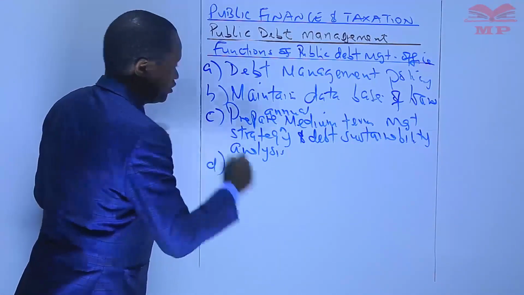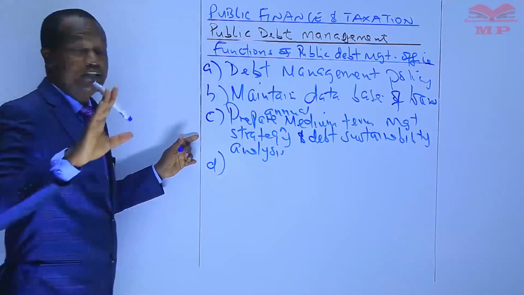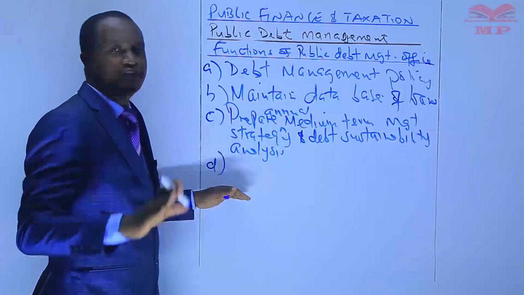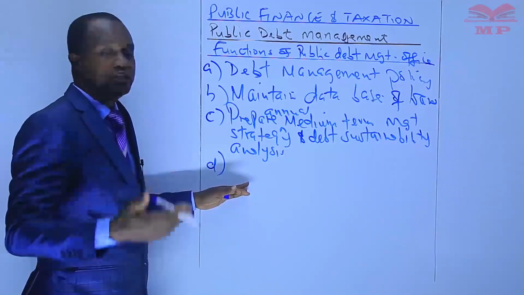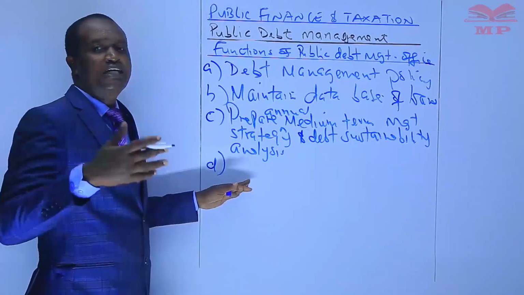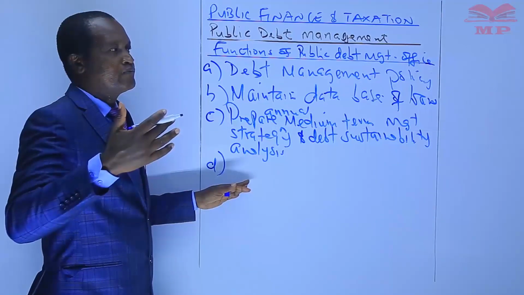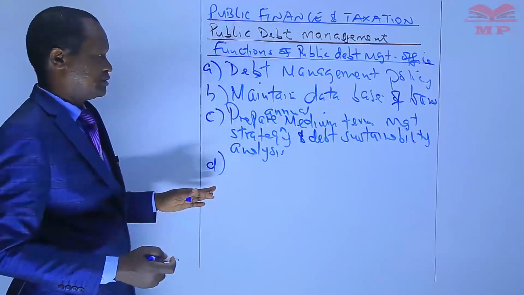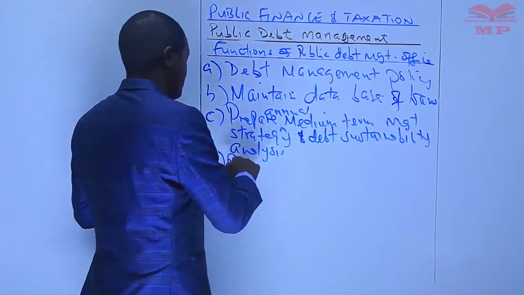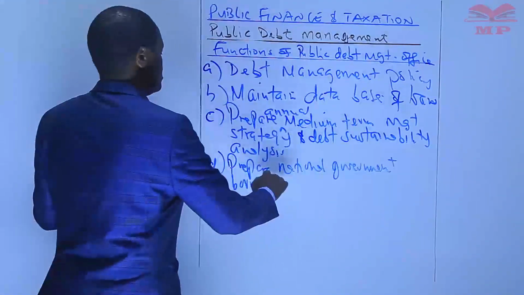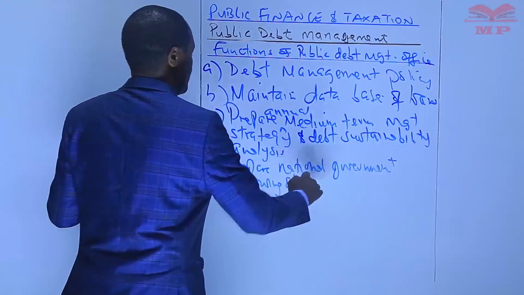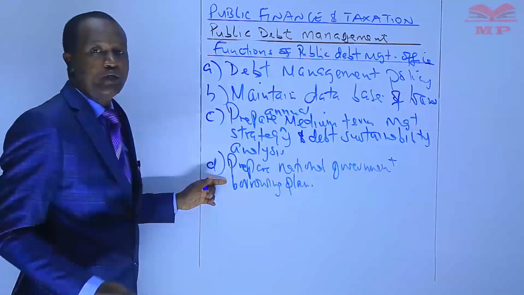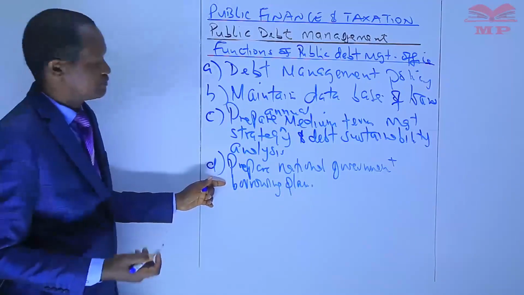Number 4, remember we're discussing the functions of the Public Debt Management Office. The fourth function is to prepare and implement the national government borrowing plan.